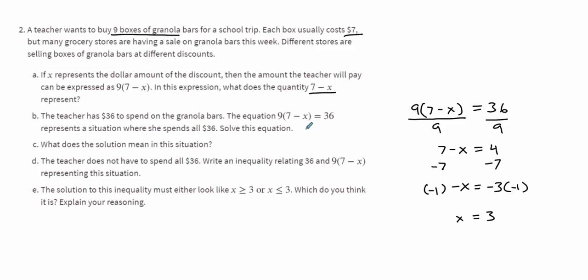All right. X is equal to 3. So what does the solution mean in this situation? Well, x is 3, and x represents the discount. So that's the discount she got.